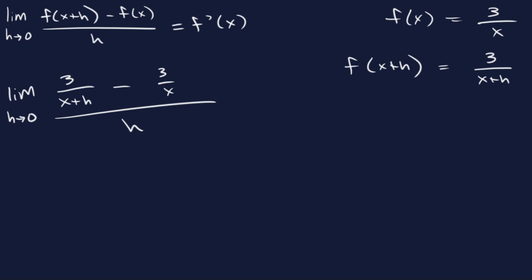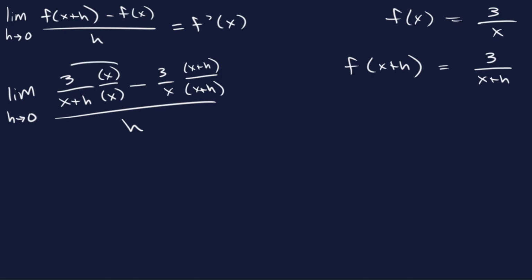I am going to multiply the first fraction by x on the bottom and, as a result, on top, because whatever you have to do to the top, you have to do to the bottom, and vice versa. For the same reason, I'm going to multiply the second fraction by x plus h on top and bottom. And what you'll be left with is that we have to simplify both of these fractions.